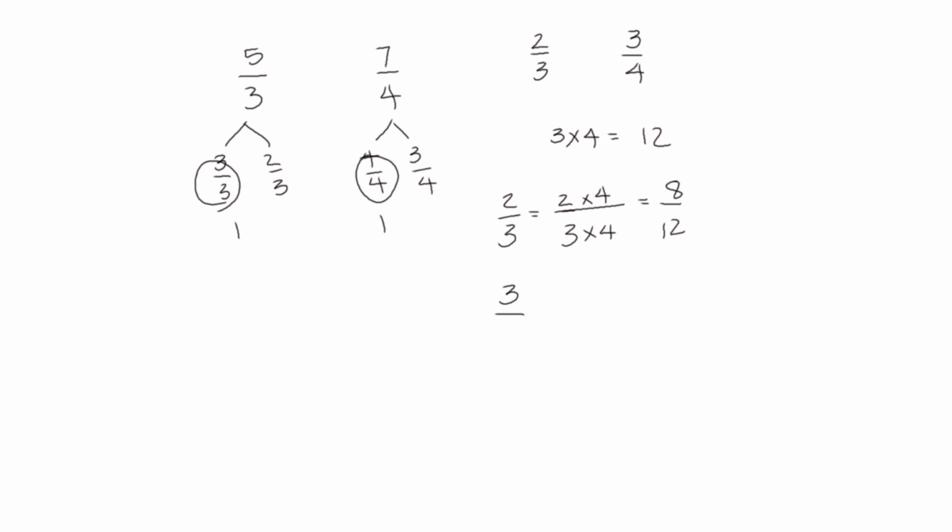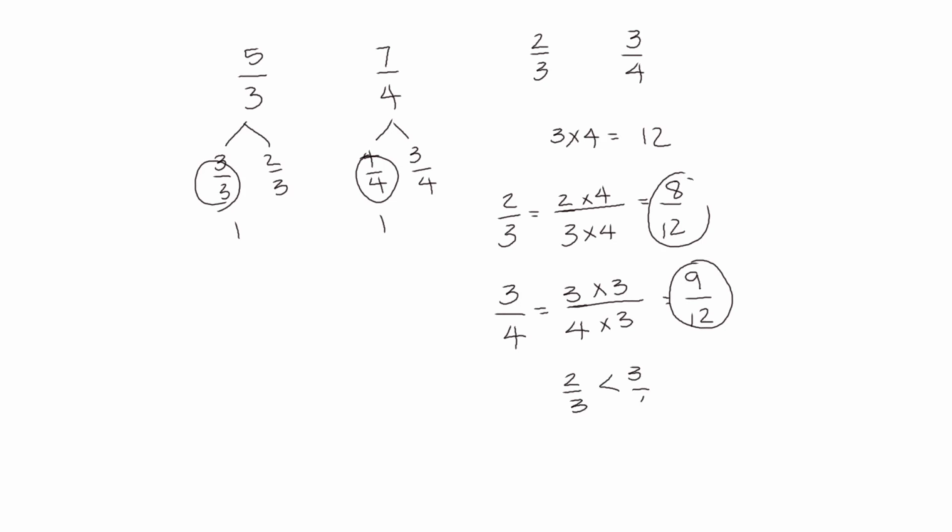If we do the same thing with the other fraction, and we want to end up also with 12ths, we're going to need to multiply by 3 to decompose into 9/12ths. And then we easily see that 8/12ths is less than 9/12ths. Therefore, 2/3 is less than 3/4. And if that's true, then 5/3 is also less than 7/4.